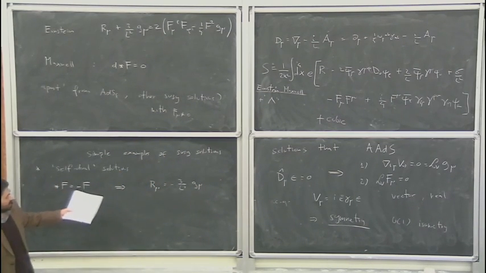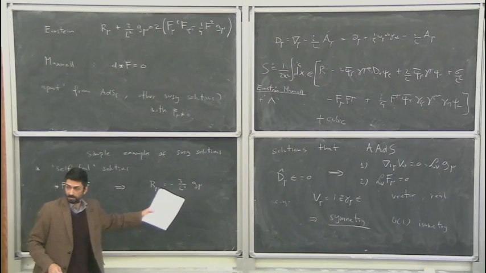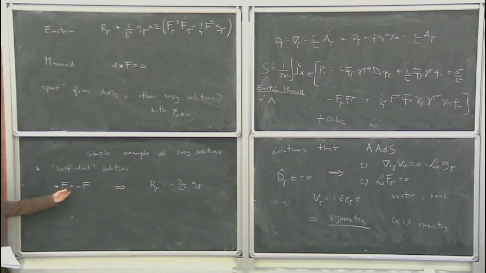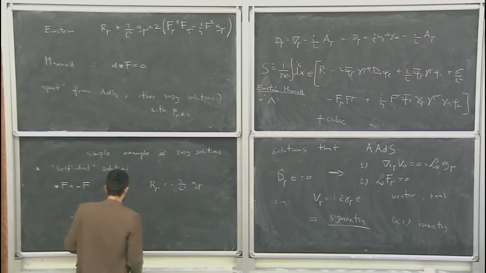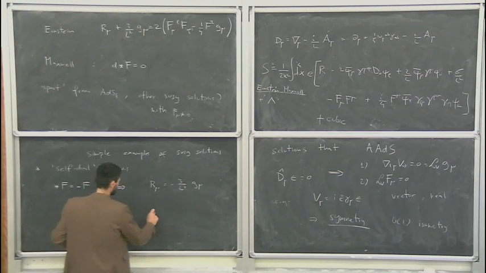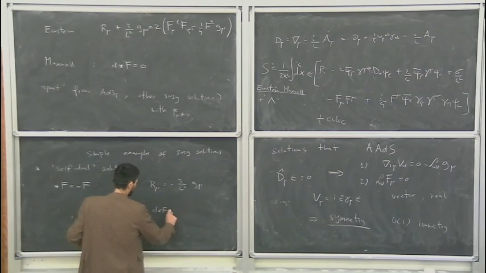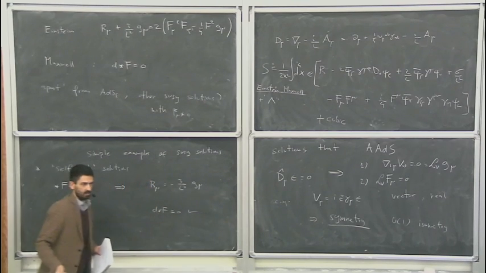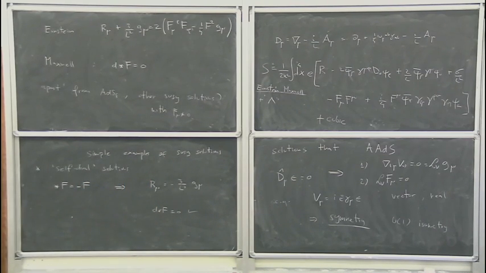In fact, AdS can solve this equation where its F is non-zero, but it is anti-self-dual. Moreover, the Maxwell equation from this is also automatic. That's trivially implied by the fact that dF is equal to 0.